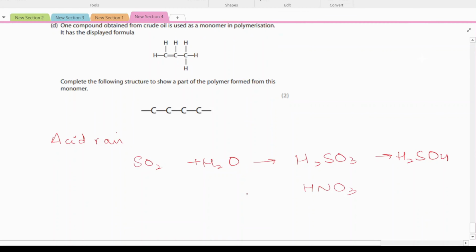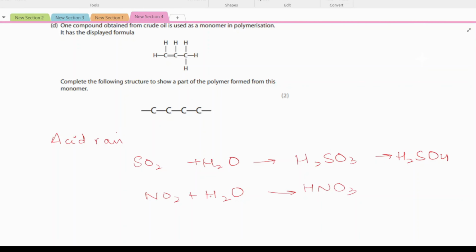So these become part of our rain. This is quite common in the industrial areas where there is a lot of fuel burning. So the rain is known as acid rain.